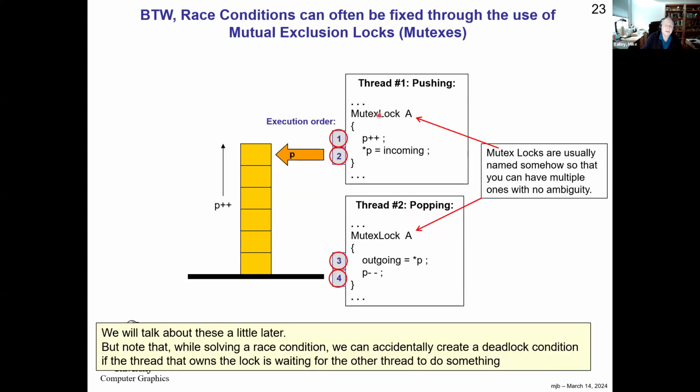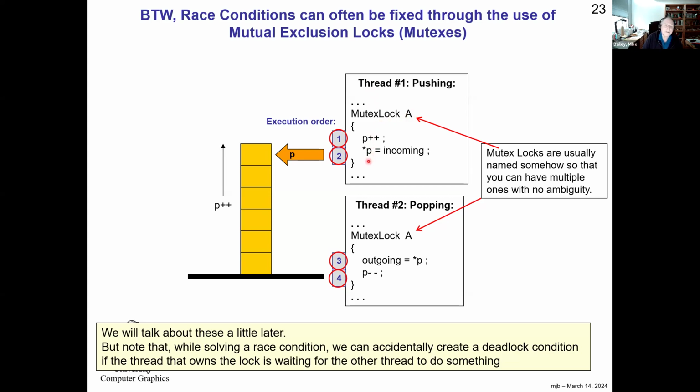You put a mutex lock around this code. We're going to label this A. And so when your code encounters this mutex lock, it looks around and says, has anybody already locked mutex A? If so, I'm going to wait till they unlock it. If they haven't, then I'm going to grab it and lock it up. So let's say this code comes, it sets the lock because no one else has it.